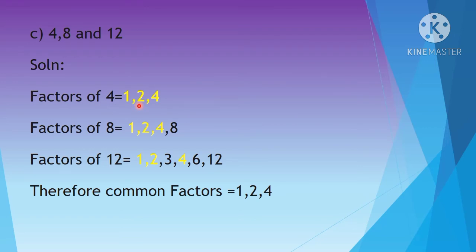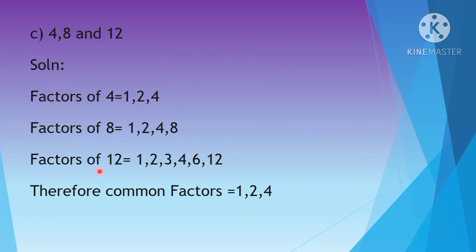Now for 8, 1 and 8. The next factors can you find out? 4 twos are 8, right? So 8 is divisible by 2 and also 8 is divisible by 4. So what are the factors of 8? 1, 2, 4 and 8. Now factors of 12. So we can say 1 and 12 are the factors and remaining, 6 twos are 12.